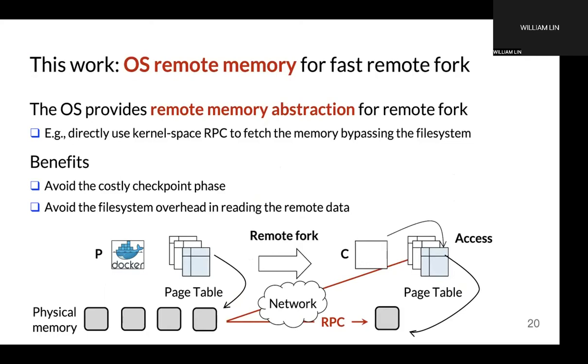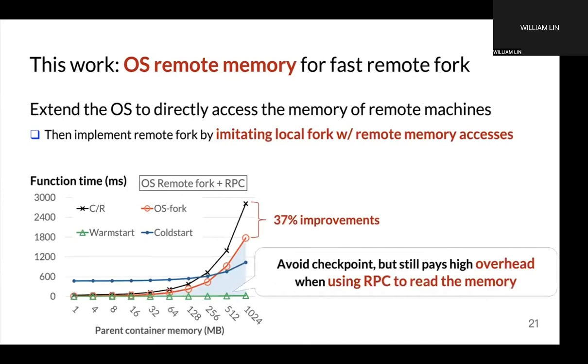For example, suppose we have set up the page table for the child. Upon a page fault, if the child's OS can directly send an RPC to the parent's kernel to read the page, we can skip the file system overhead for the remote fork. Therefore, we extend the OS to support remote memory accesses and add necessary RPCs for setting up the page table and CPU register status accordingly.